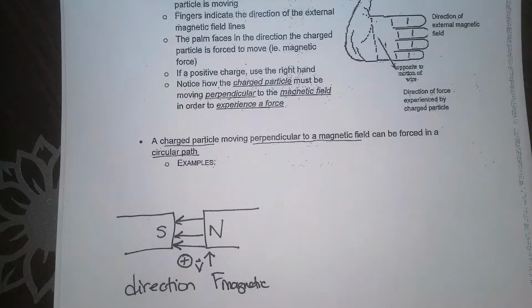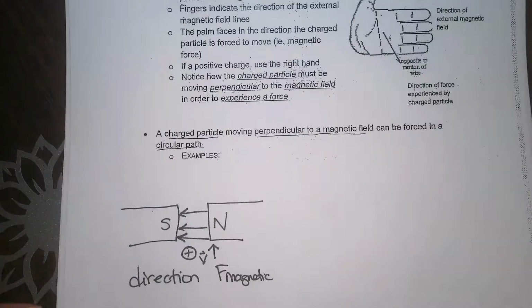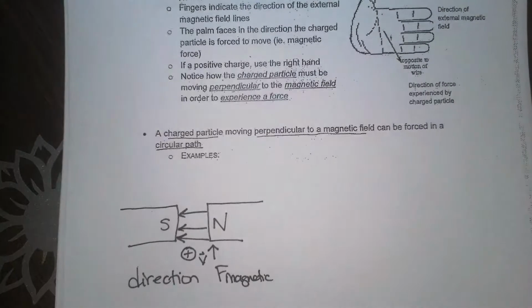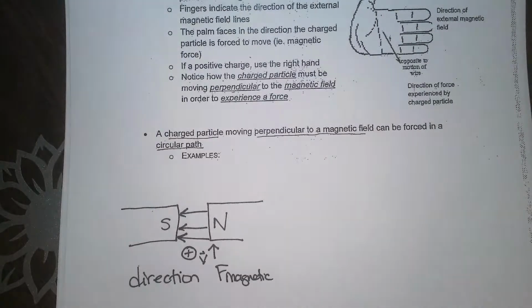Force M. Yeah, so you're going to take your right hand, because this is a positively charged particle, you're going to put your thumb in an upwards position, and if you want, you can hold your paper up like this. And so you would see that the direction is going this way.